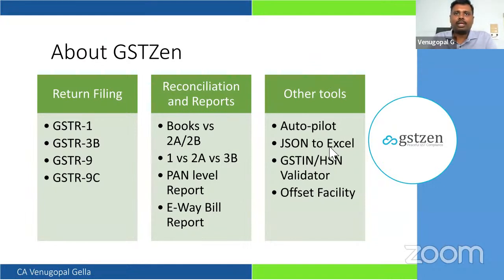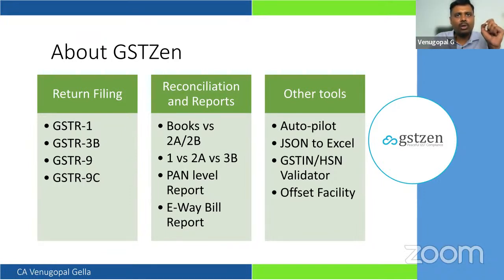What is most important about GSTZen is the reconciliation tools that it has, which people use especially to reconcile with the books of accounts and make sure that the reconciliations are intact.